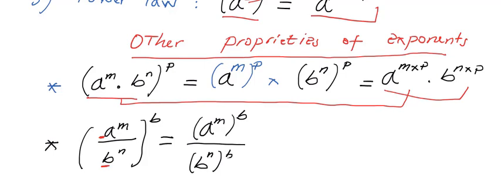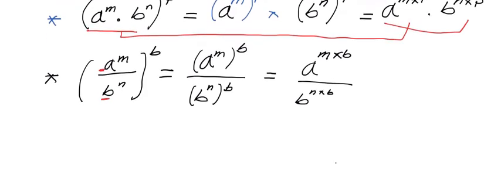Now this will be a^(m times p) over b^(n times p). Remember here you have to apply again the power law, which we discussed earlier. This is one property.